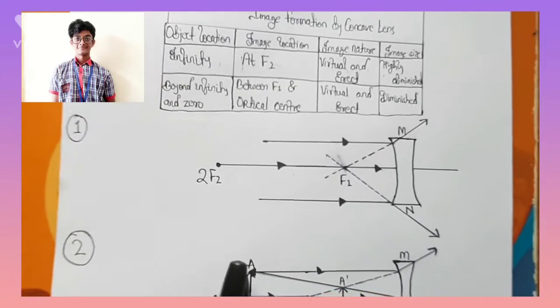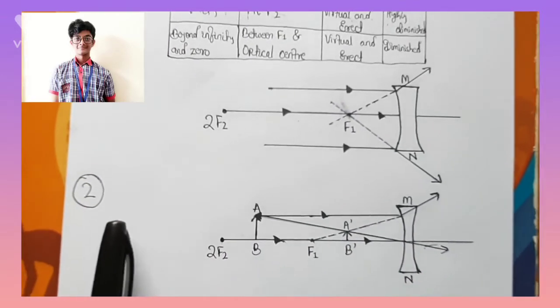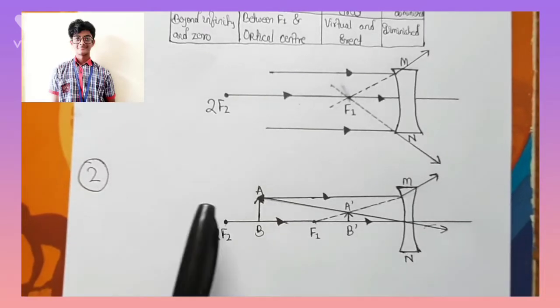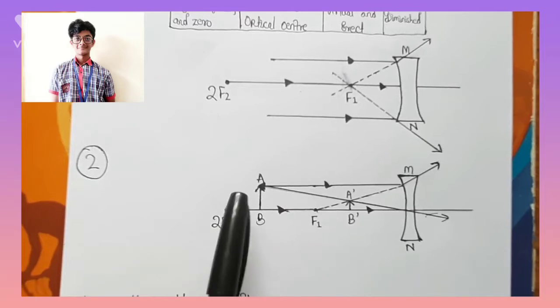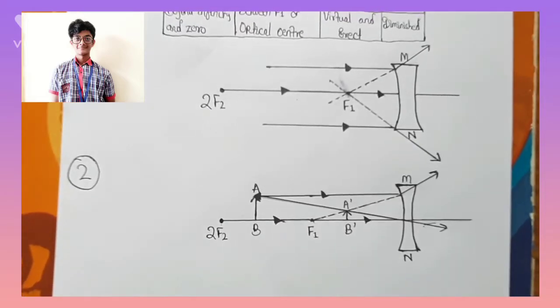Here we can see the second example. Here is the concave lens, the focal center, two rays and an open beam.